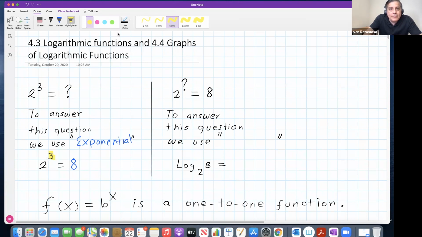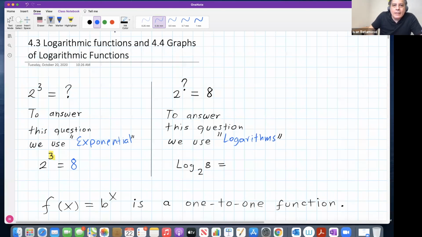So if we look at this result, pay attention to the exponent, that is 3, 2 to the third power was 8. So if I'm looking for an exponent such that when I place it on top of this number 2, as a result, I get 8, that number should be just 3, right? So in order to answer this question, we use what mathematicians call logarithms.